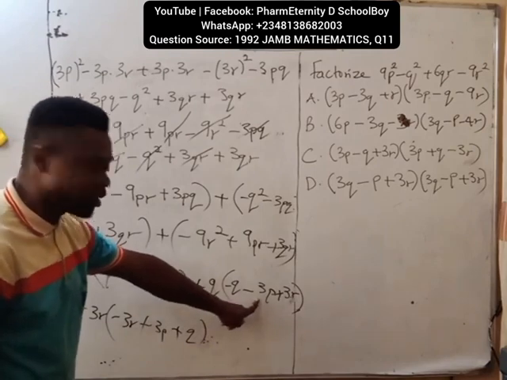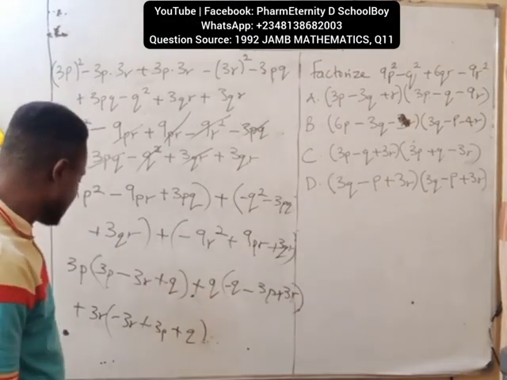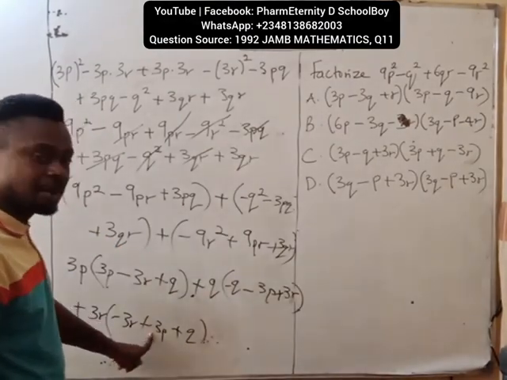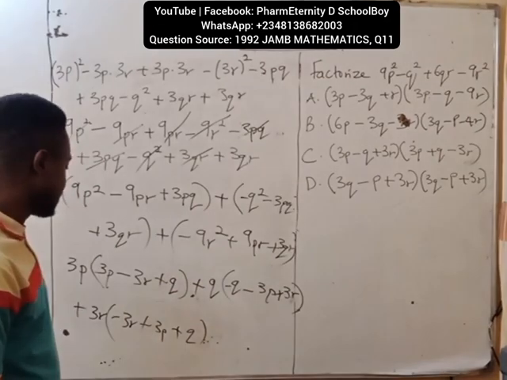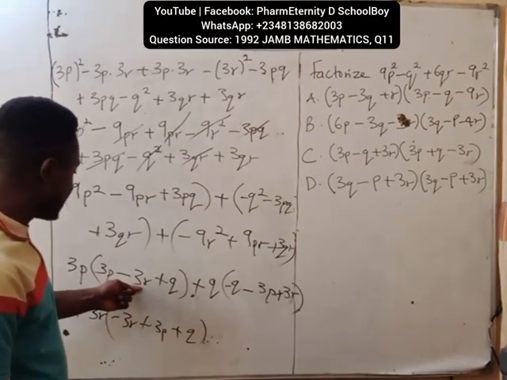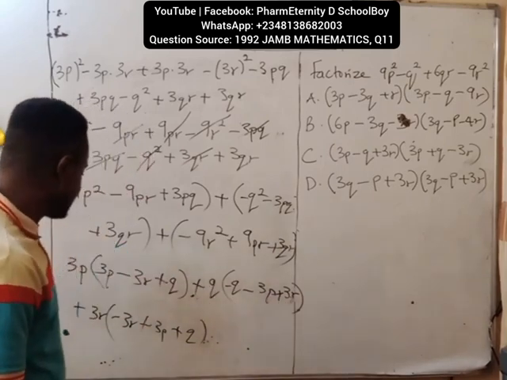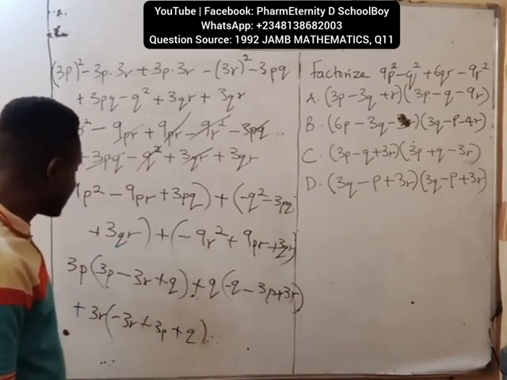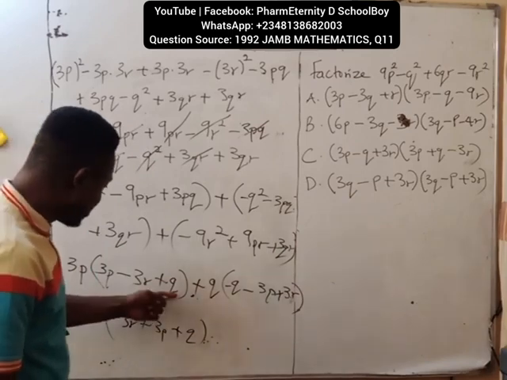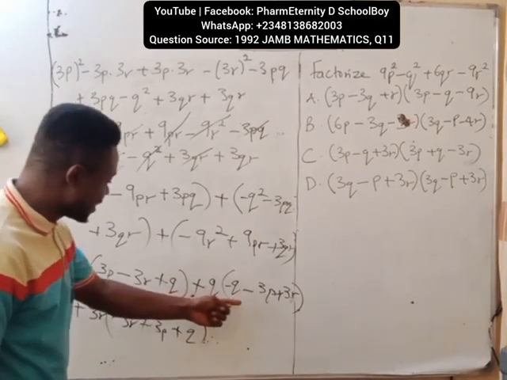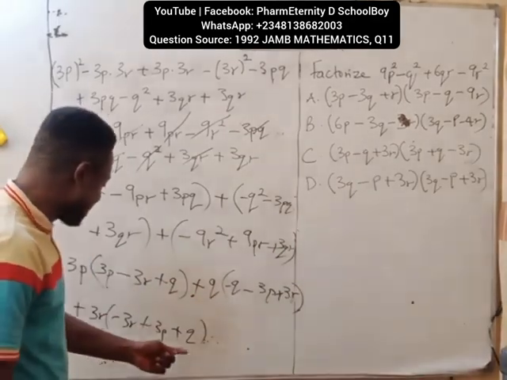There's 3P here, but it's negative. There's 3P here, but it's positive. There's 3R here, it's negative. There's 3R here, it's positive. There's 3R here, it's negative. There's Q here, it's positive. There's Q here, it's negative. There's Q here, it's positive.